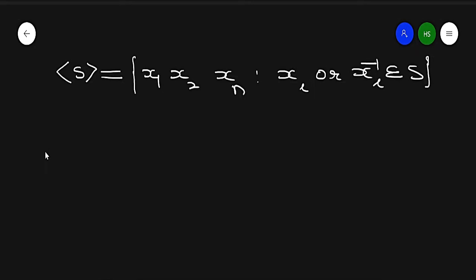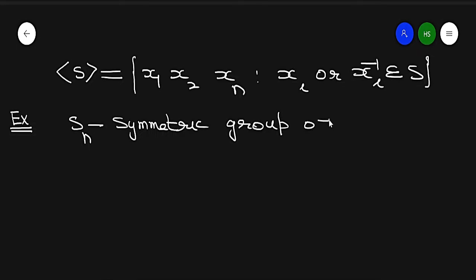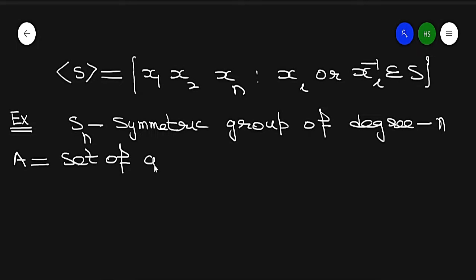For example, to understand this concept, we know that Sn is the symmetric group of degree n, and A is the set of all transpositions.